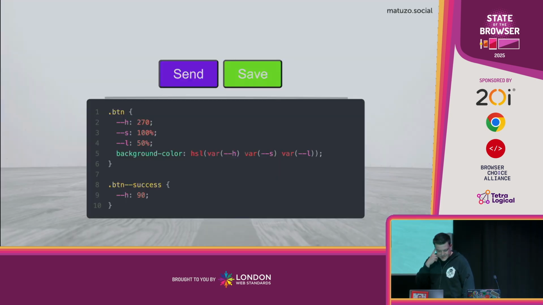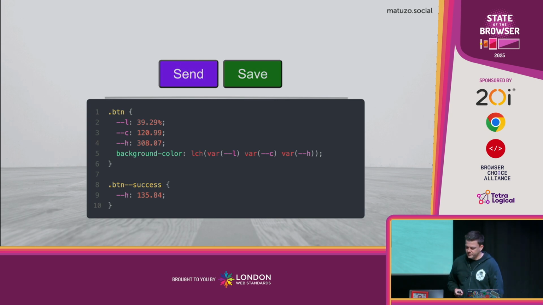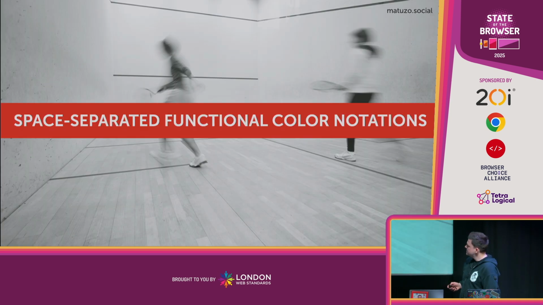So if we go back to our example, if you remember, we got this really horrible light green button with HSL. If we do the same with LCH, we get a color that harmonizes with the purple color. And you may have noticed that I'm using spaces here in those functions. Josh also mentioned that.